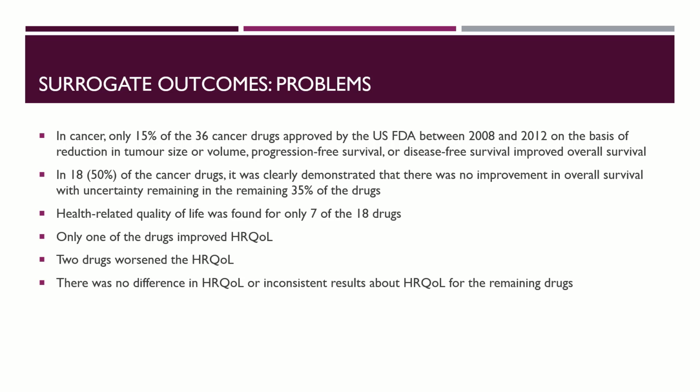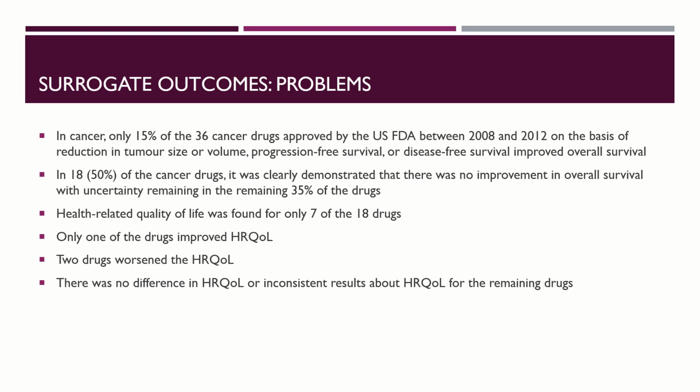So, based on these outcomes, 36 cancer drugs were approved by the US FDA by accelerated pathway based on surrogate outcomes between 2008 and 2012. But actually only 15% of the 36 cancer drugs improved overall survival.